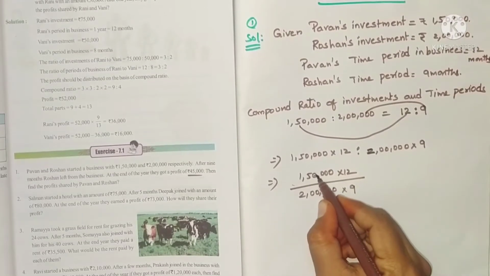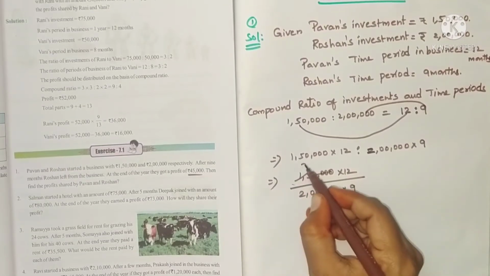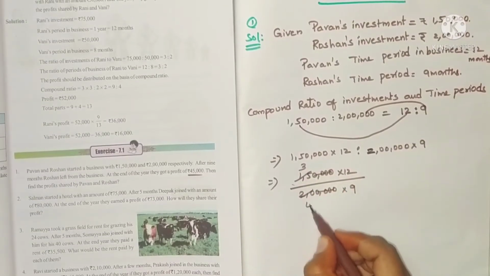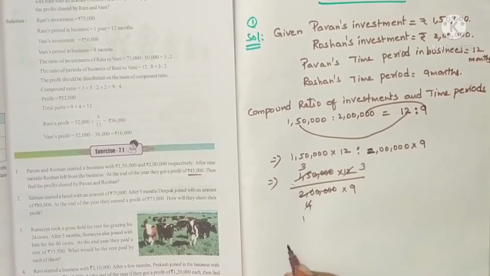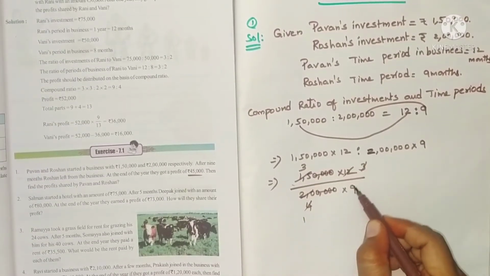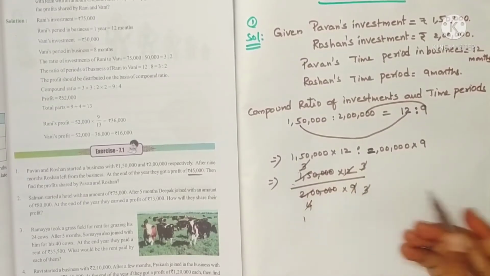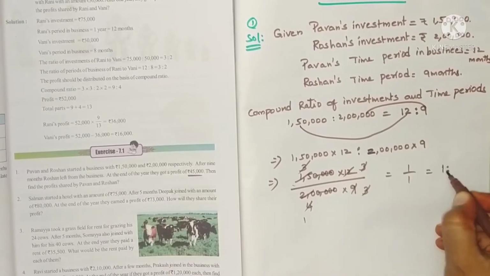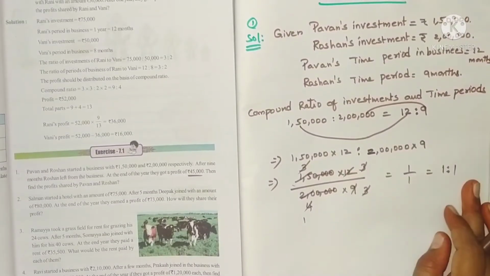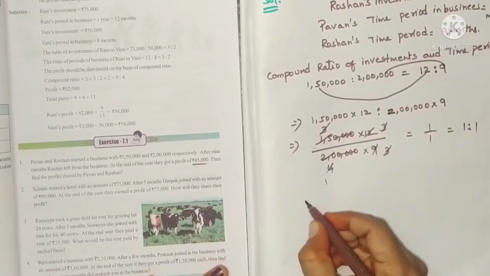Now cancel these 4 zeros with these 4 zeros. Now see, 5 3s, 5 4s, right? Again 4 3s, 12. Now 3 1s, 3 3s. So again this 3 and this 3 will get cancelled. So same by same. So the compound ratio is 1:1.